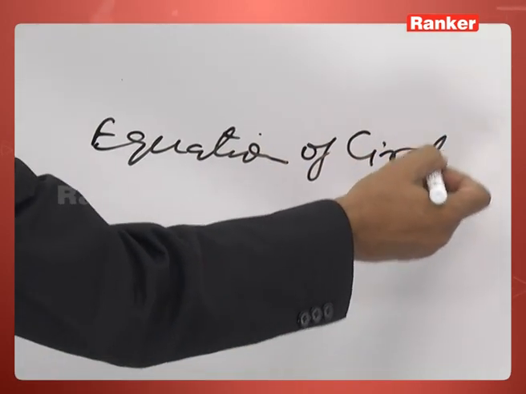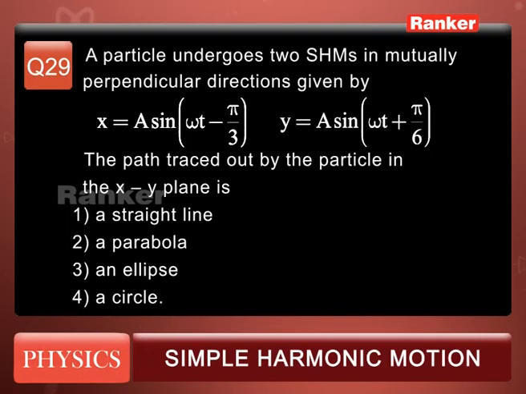So our correct option is the circle. So option number 4 is the correct option.